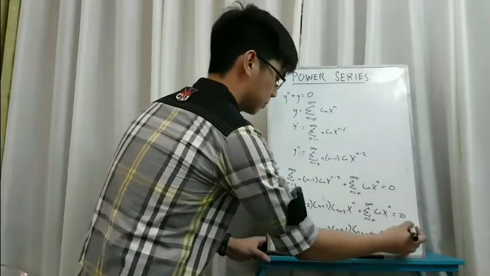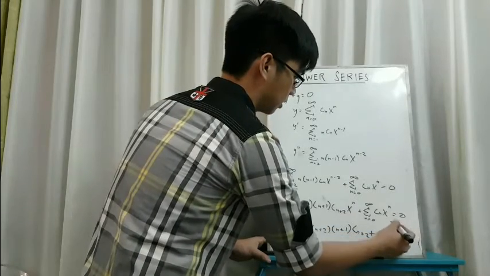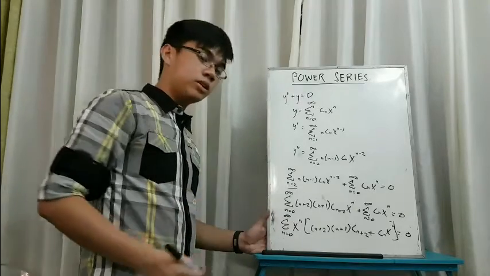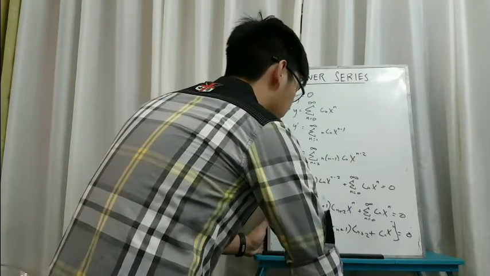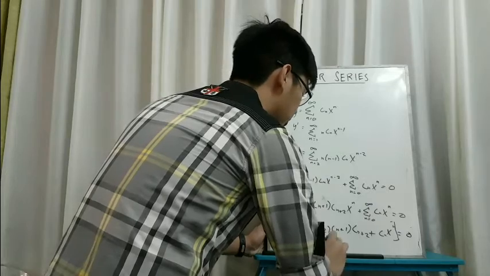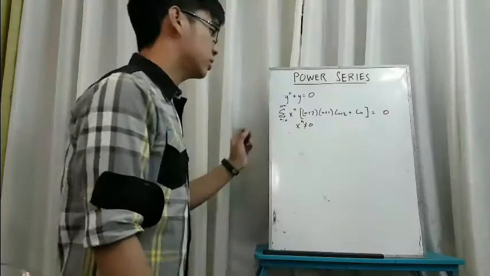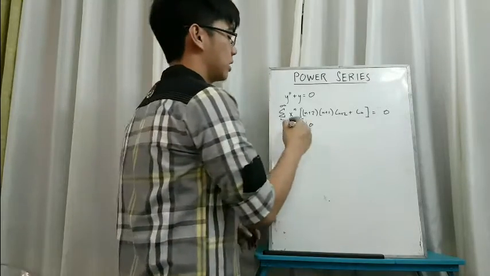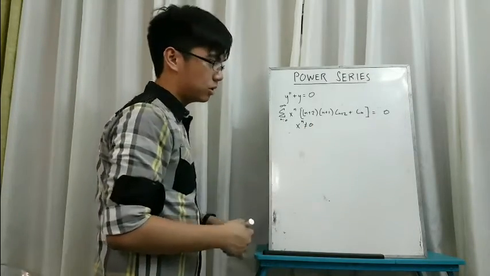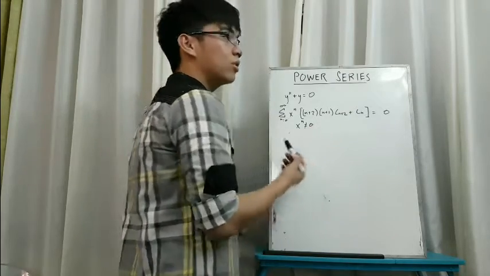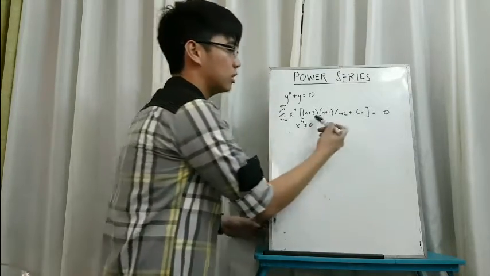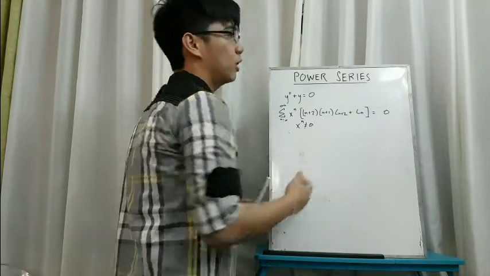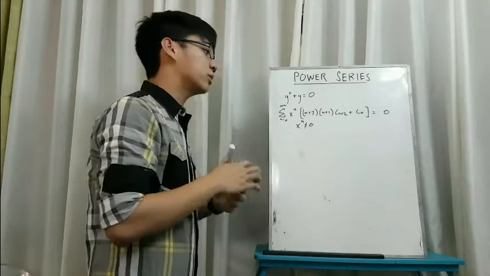So in order to evaluate this power series, you should remember that x raised to n must not be equal to 0. So this is now our equation. As x raised to n is not equal to 0, we can only equate this expression to 0. So what we'll get there is the recursion relation.